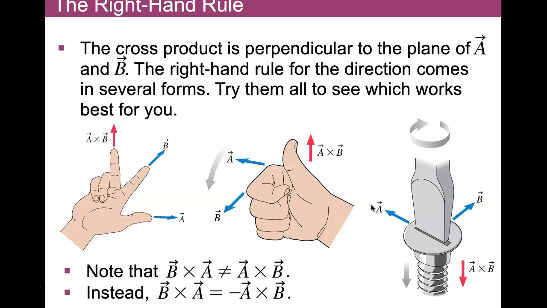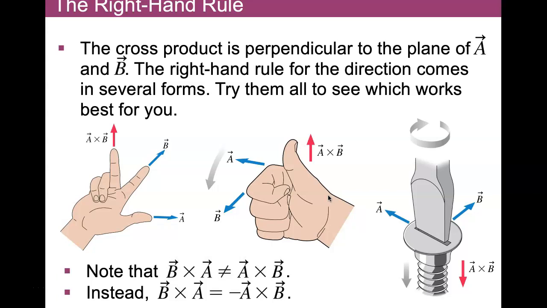One way is you put your thumb in the direction of the first vector, your index finger in the direction of the second, and then your middle finger represents the cross product A cross B. Or we can think about it this other way: you put your fingers in the direction of A, and the direction you close your fingers is B, and then your thumb gives you A cross B.